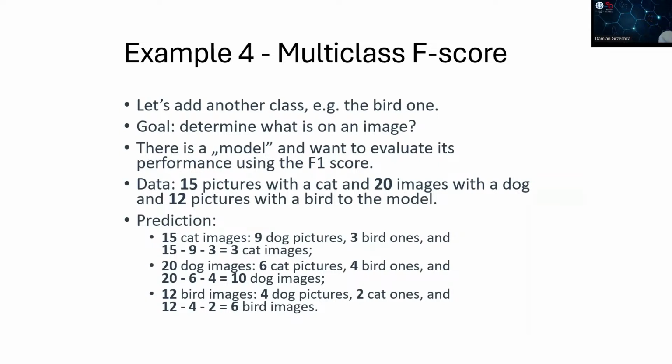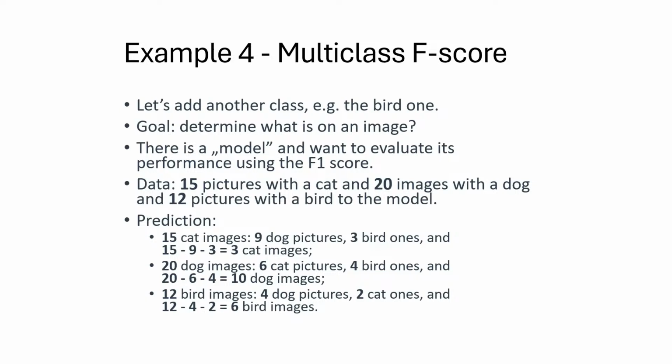Okay, example number 4. Multiclass F score. So a little bit more challenging. Now the confusion matrix really does add additional features. The additional one is birds.